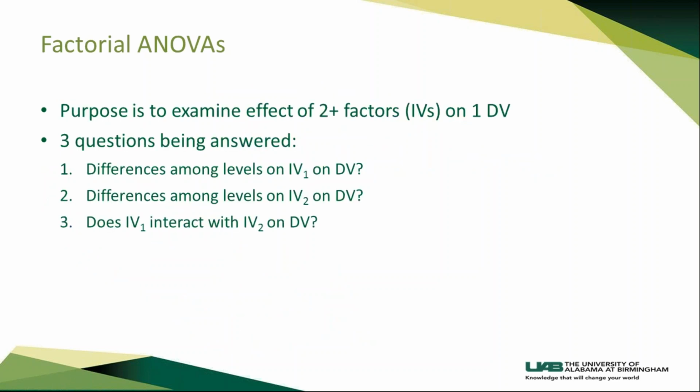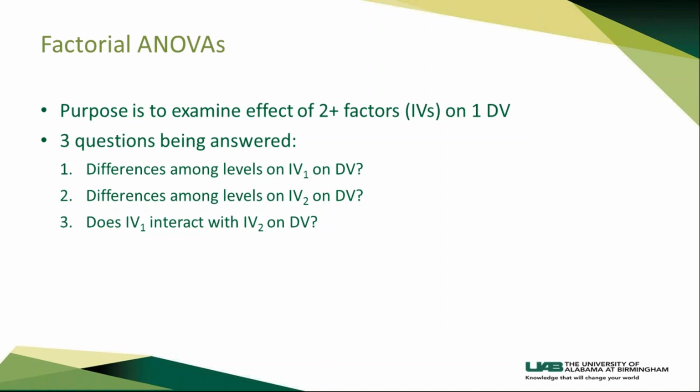So the purpose of these factorial ANOVAs is to go beyond what we did with one-way ANOVAs and now examine the effect that two or more factors or independent variables have on a single dependent variable. There are three questions that are being answered within a factorial ANOVA. And there can be more if you have more than this.